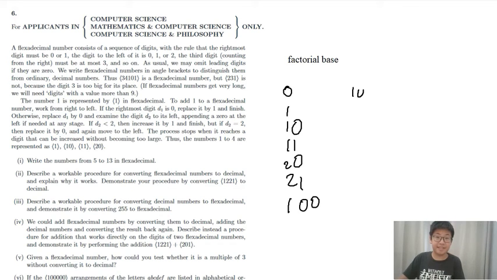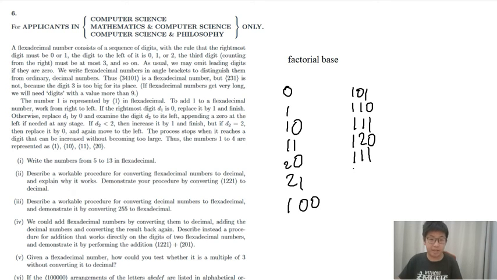Then 6, 7, 8, 9, 10, 11, and now 12, we can have a 2 here because since 2 is allowed in the second place, we can have it in the third place. 200, which is 12, and 201, 13.